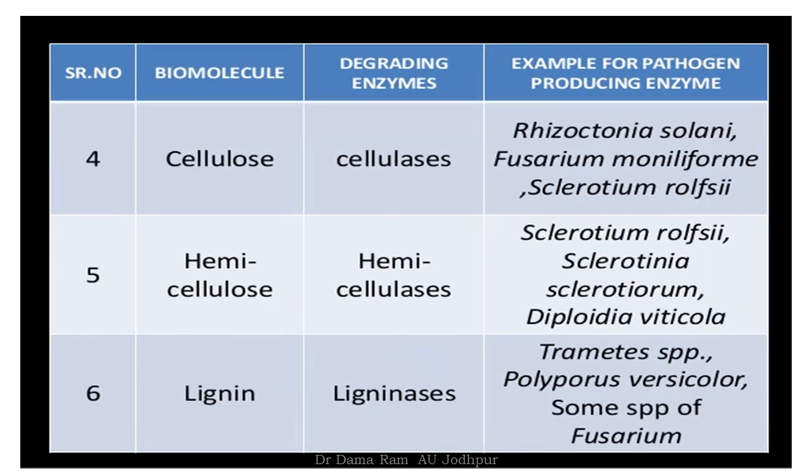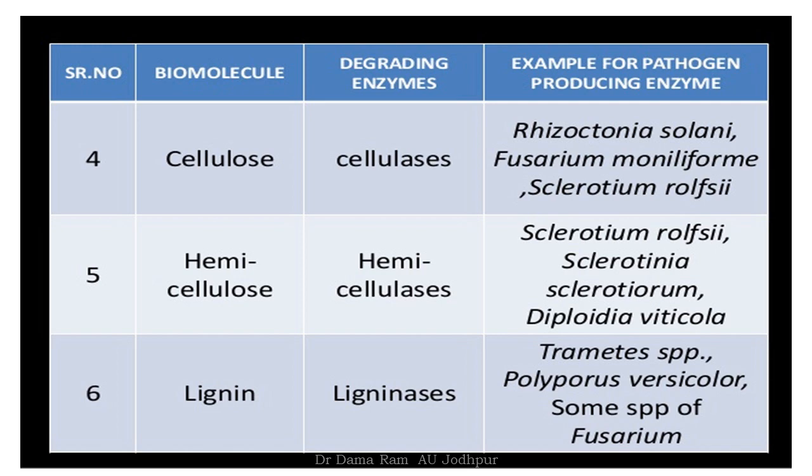Next is cellulose. Cellulose is degraded by cellulase and converted into glucose monomers. The fungi are Rhizoctonia solani, Fusarium moniliforme, Sclerotium rolfsii.